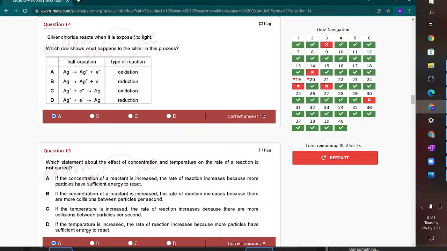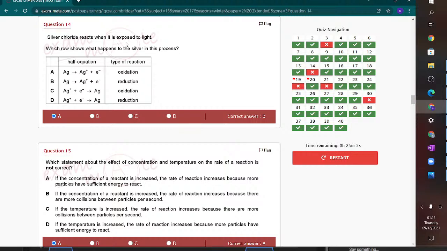Silver chloride reacts when it is exposed to light. That means AgCl is decomposing and not Ag particularly. If AgCl decomposes, it is Ag+, so it would gain an electron, and gaining of electron is reduction. So this type of reaction is right.